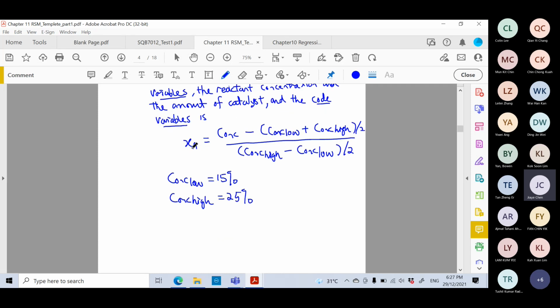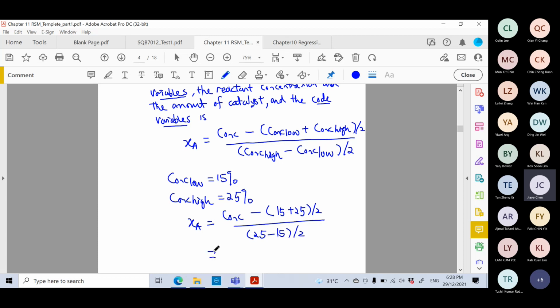So what we have here is XA, which will be equal to the concentration minus the plus over 2. It means the 15 plus the 25 over 2, divided by the difference here, which is 25 minus 15 over 2.